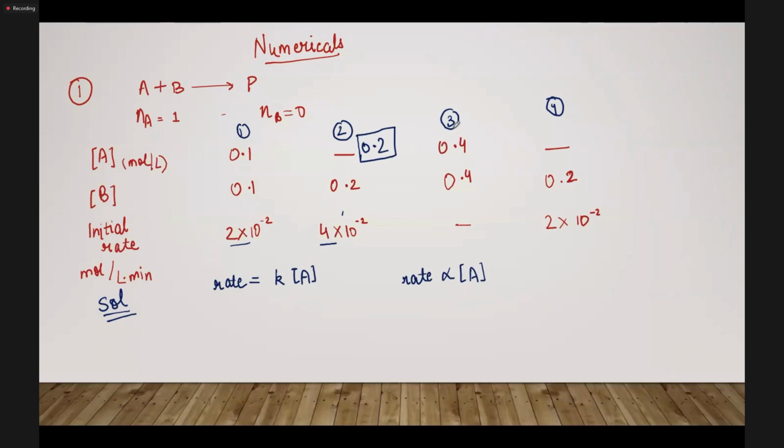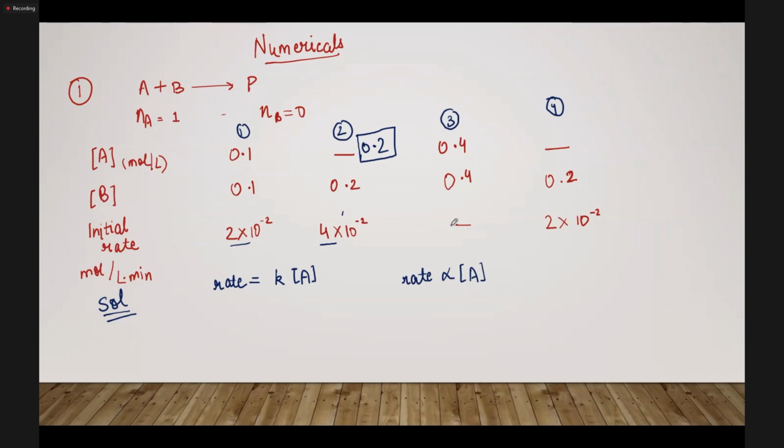So basically it has become 4 times the previous value. The value of B has also become 4 times, but because the rate is independent of B, it doesn't matter. ठीक है, तो आप B को neglect कर दो, ignore कर दो. Now because A has become 4 times, the rate will also become 4 times. Initially it was 2, so now it will be 4 times.